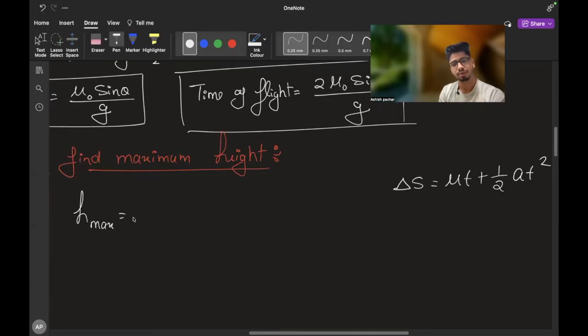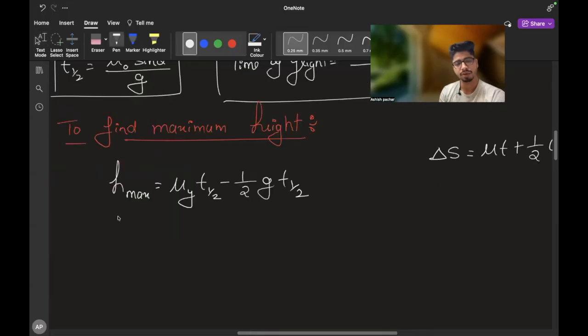So the u y component, and time has no component, obviously, it is a scalar quantity. Then half, minus g, and the time is t. You can plug in the values to find the maximum height.